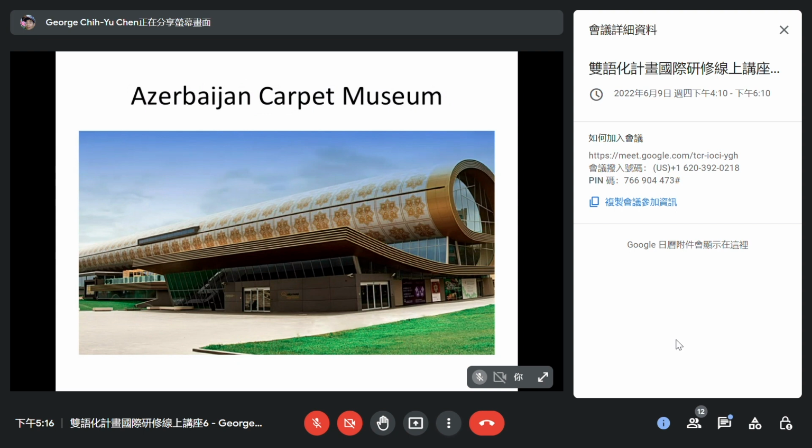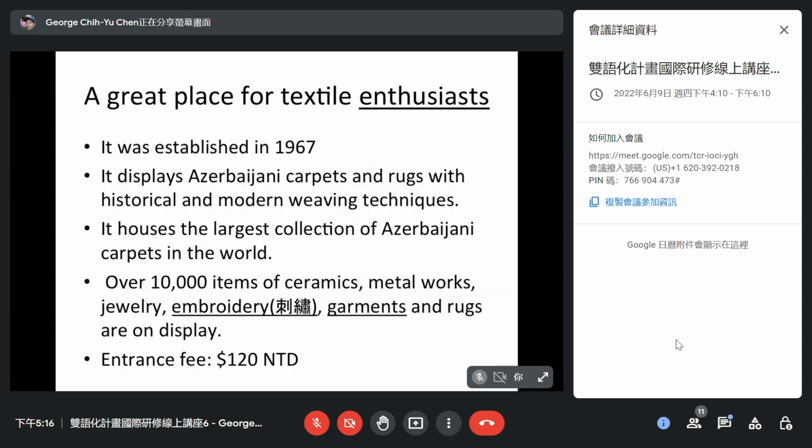At the same time, they have items such as bronze, embroidery, and jewelry all on display. So if you love textile, especially rugs and carpets, don't miss this museum. So this museum is a great place for textile enthusiasts.